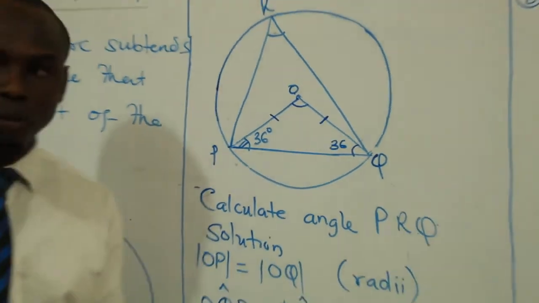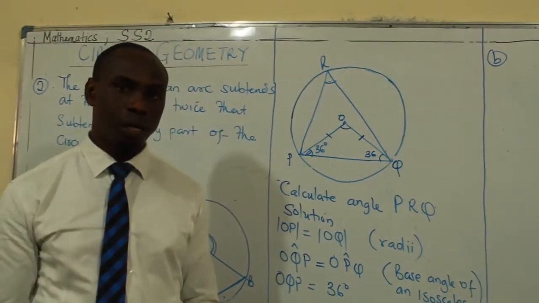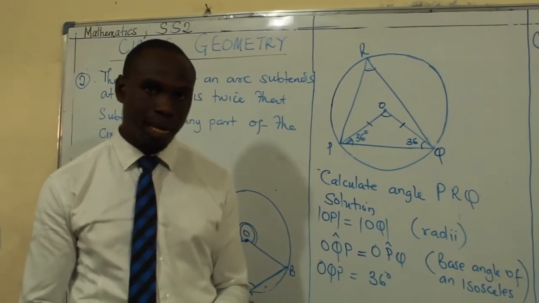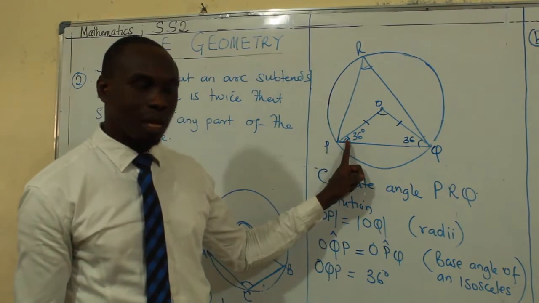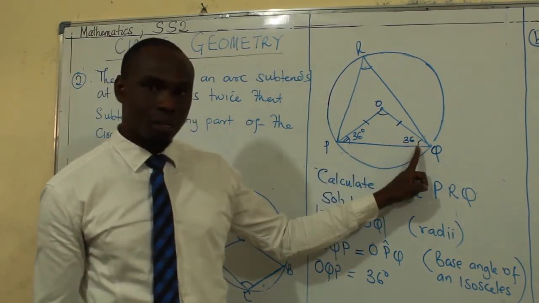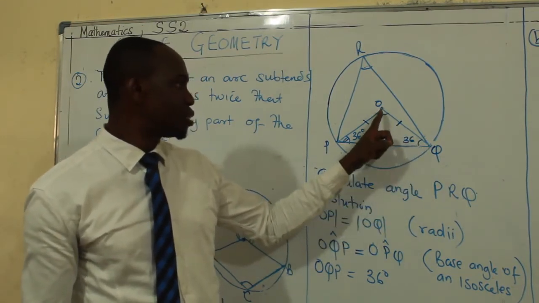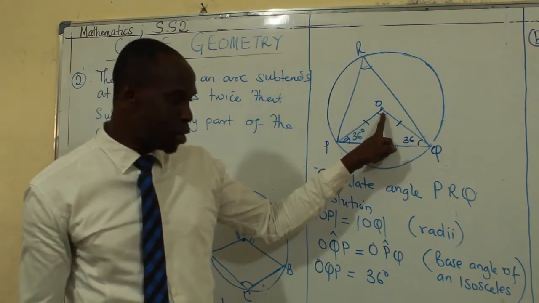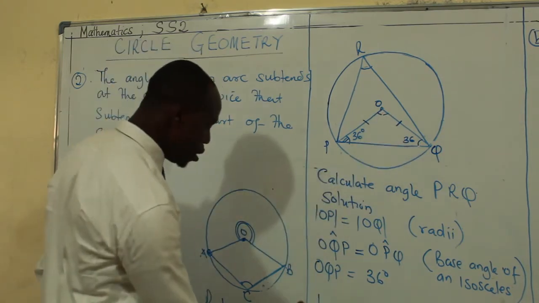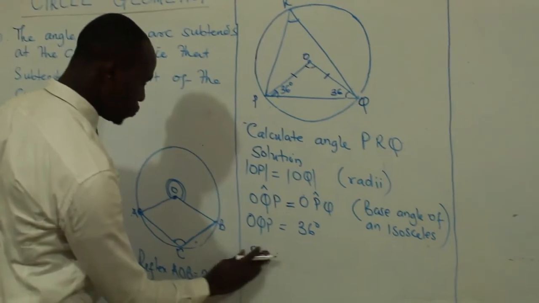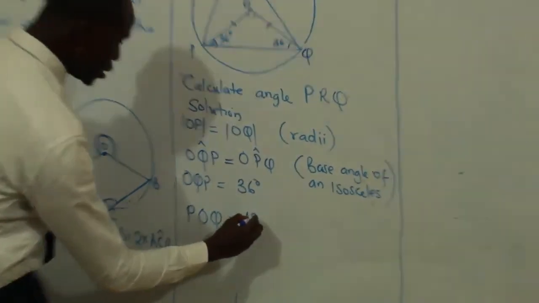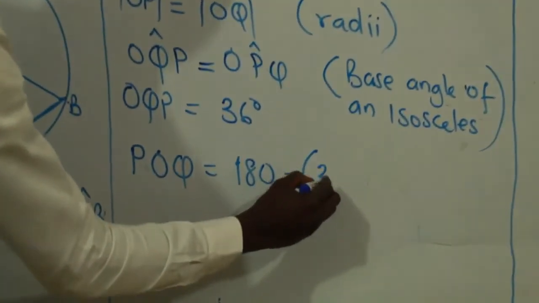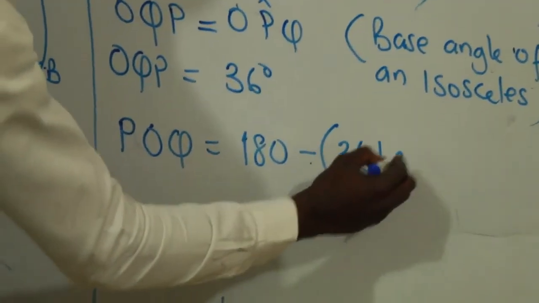We all know that the sum of angles in a triangle is equal to 180. So now that we know this part as 36 and this other part as 36, we can find this angle that is subtended here. So angle POQ is equal to 180 minus the sum of the other two angles.